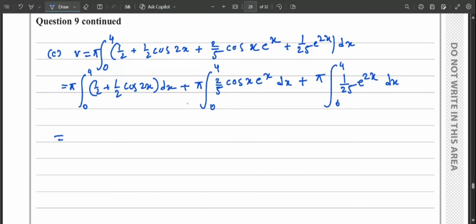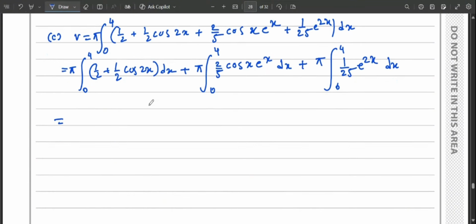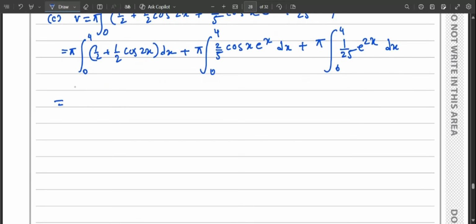Integrating these terms individually will make our calculation much easier, and we can avoid mistakes in this way. So now we can integrate this.